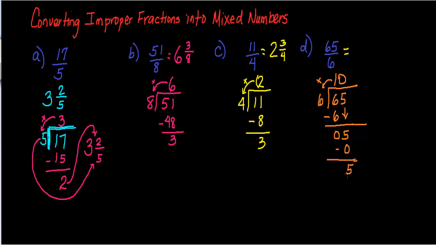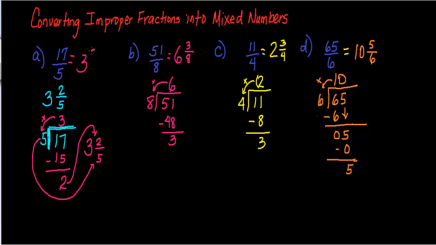So I stop here. So this answer here would be 10. 10 is your answer. 10 times 6, which is 60, and there's 5 left. 5 out of 6. Remember, your remainder is the numerator, and your denominator is the divisor. And there you have it.